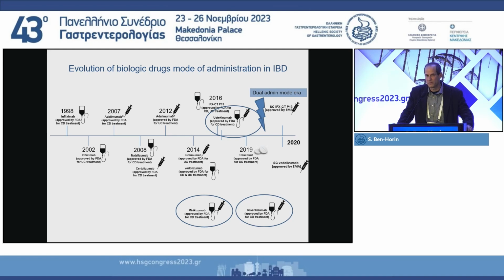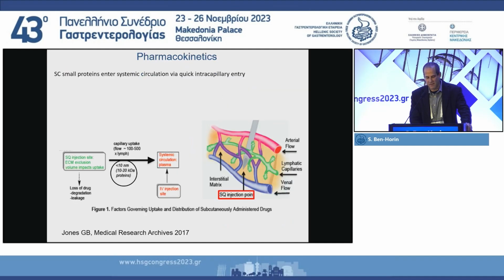But also for most of the new biologics now coming into the field, this same concept applies. Both for risankizumab, mirikizumab, and some others that are in the pipeline and not yet approved, this idea of induction with IV and then moving to sub-Q is the backbone. So it's worthwhile to go into the difference between IV and sub-Q in terms of pharmacokinetics, leading to the TDM that is the topic of this talk.